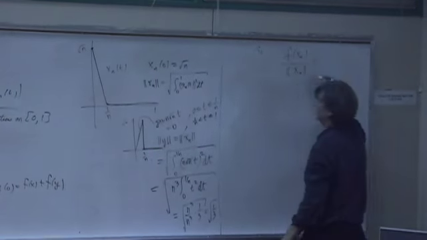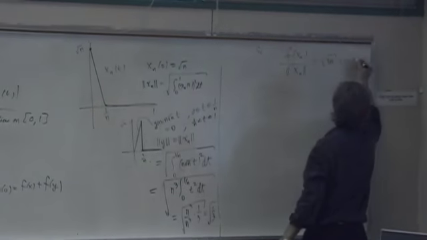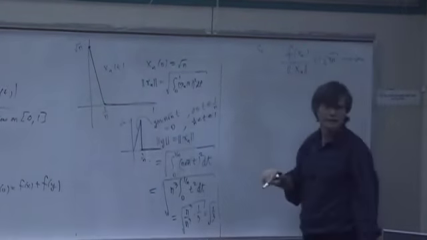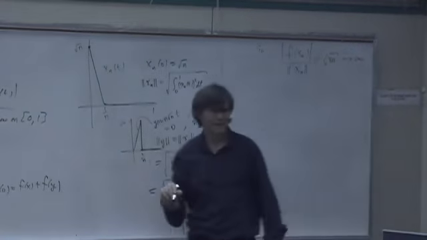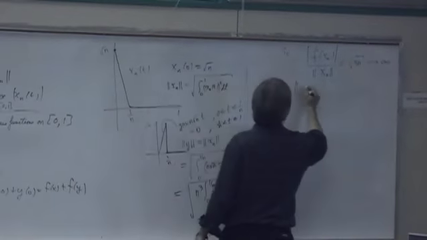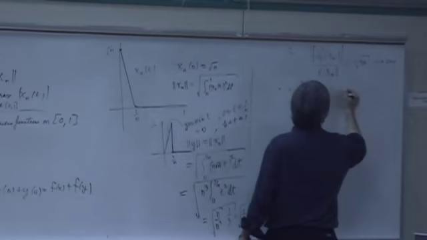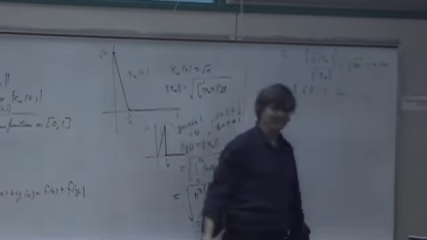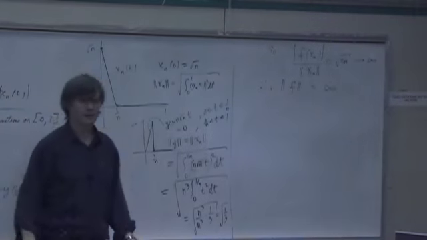It equals the square root of 3n, which goes to infinity. All right. I can put absolute value signs here if I like. It doesn't make any difference in this problem. Therefore, the norm of f equals infinity. Okay, it doesn't exist as a finite number. Okay, it's unbounded.